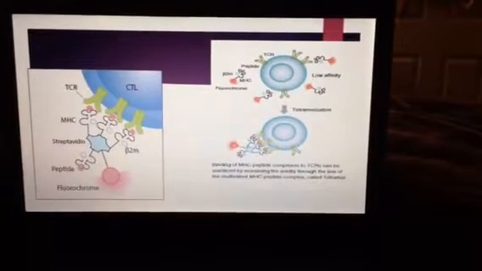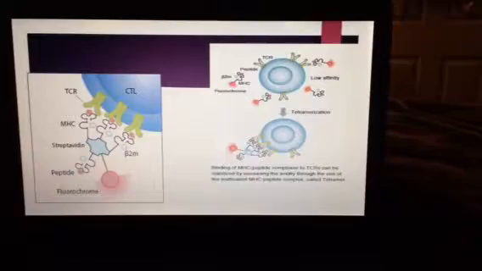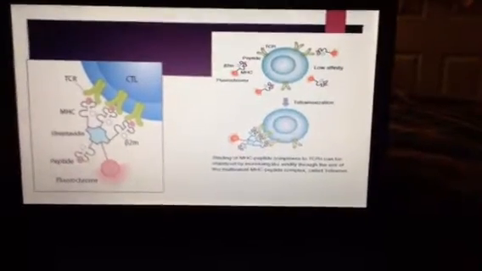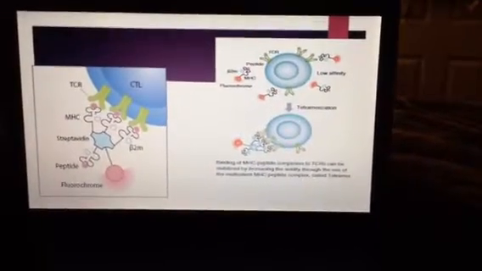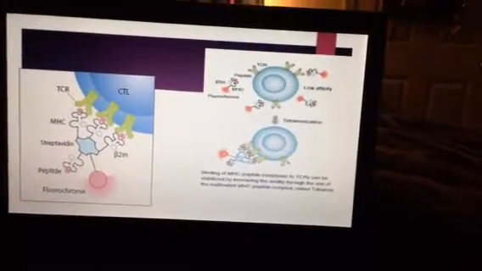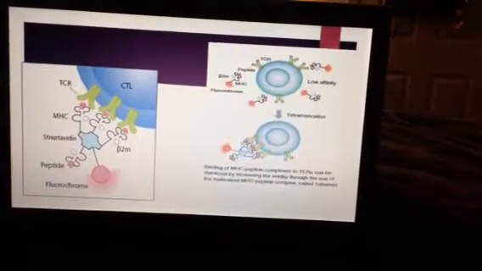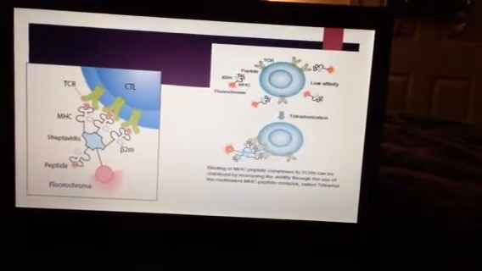So in order for a T cell to activate, it needs an MHC molecule and a peptide.